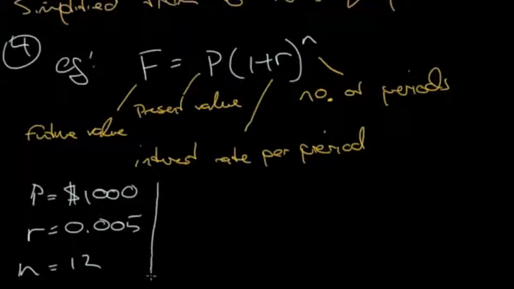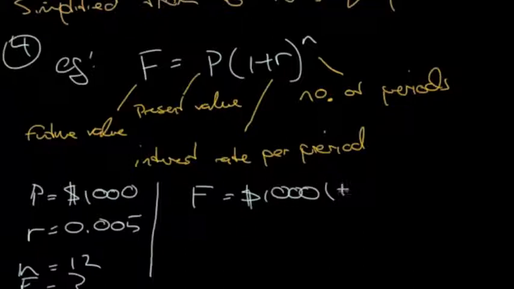So we can put these values into our equation, but what is f? We don't have an f, so f stays as f. We've got $1,000 times 1 plus 0.005, to the 12 periods.